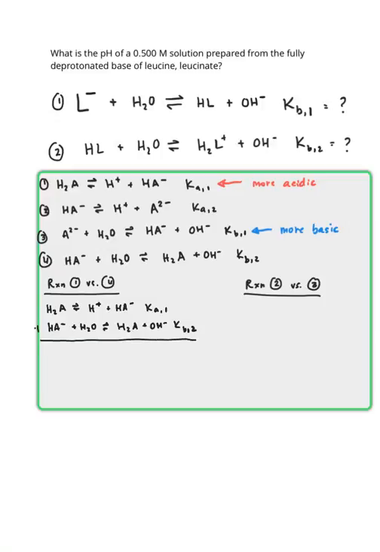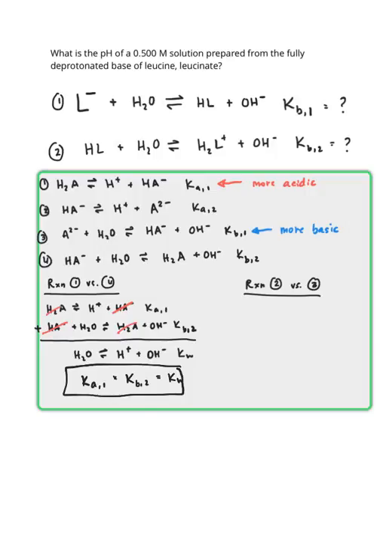Suppose that we add these two reactions together, what do we get? Well, things that are the same on both sides of our reaction go away. That's HA minuses, H2As. We end up with our autoionization of water, H2O, H plus, OH minus, Kw. This suggests that if we multiply the equilibrium constants Ka1 and Kb2, we should get Kw.